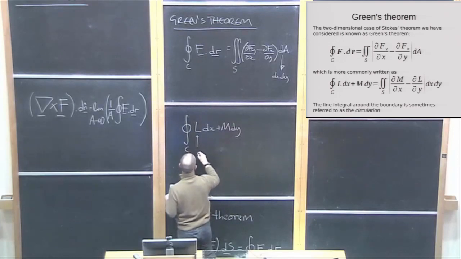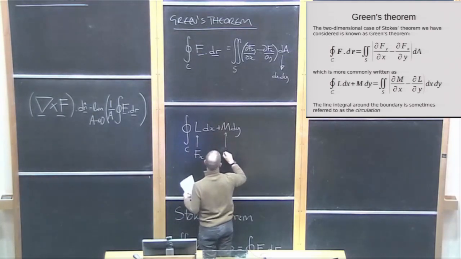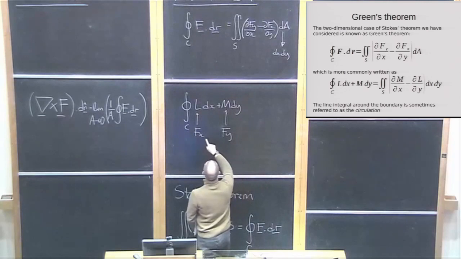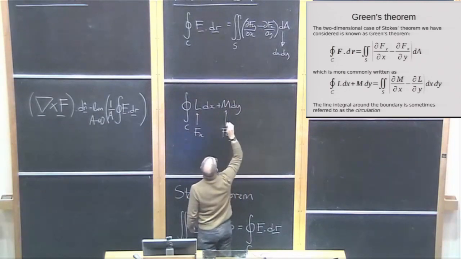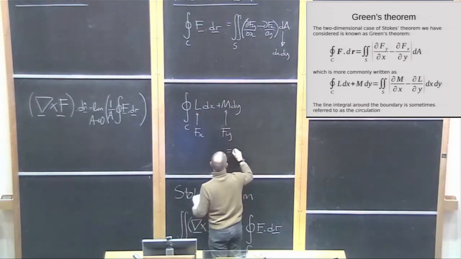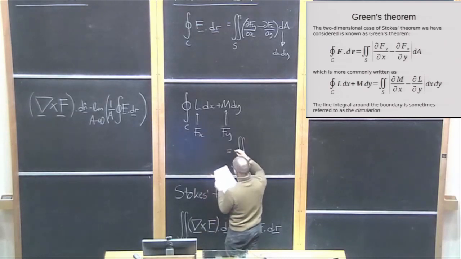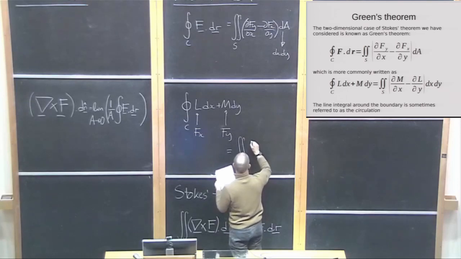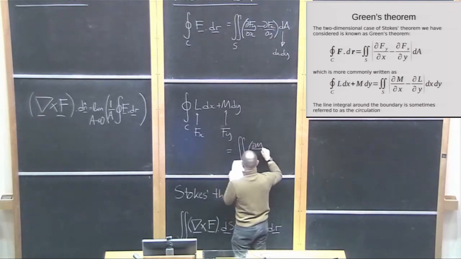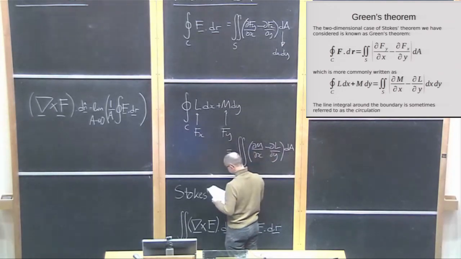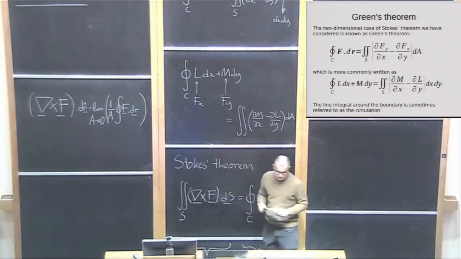So we may identify L as being fx, and we may identify M as being fy. Therefore, making these identifications and by equivalence with the above expression, this line integral is equal to the integral of dM by dx minus dL by dy dA, where dA is normally dx dy.